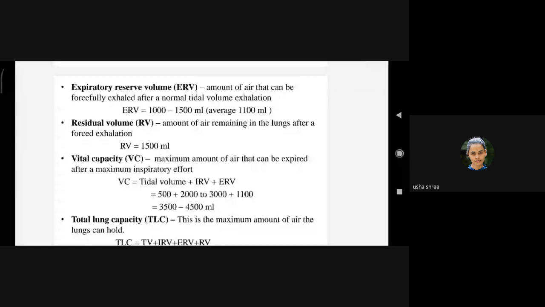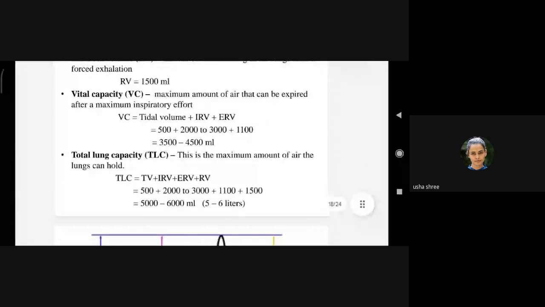Now, next is total lung capacity. You will see here what the total lung capacity is. This is the maximum amount of air the lungs can hold. That is tidal volume 500, inspiratory reserve volume 2000 to 3000, expiratory reserve volume 1100, and residual volume, that is always remaining in the lungs, 1500.